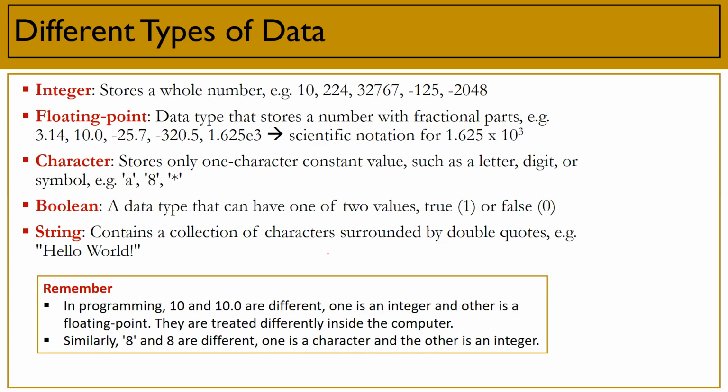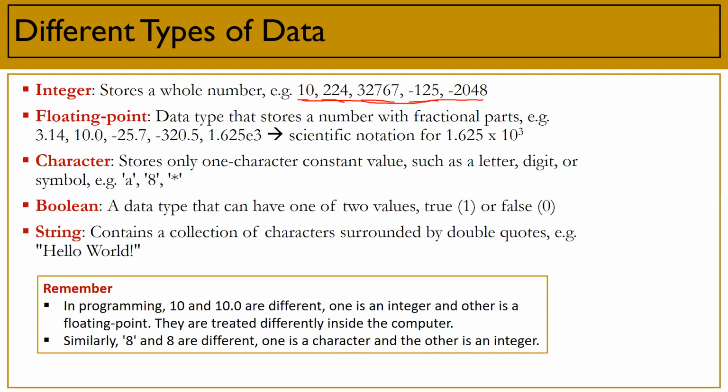Integer is a data type which stores a whole number. For example, it may store a number like 10, 224, 32,767, negative 125, negative 2048. You see that all these numbers that you are seeing here are whole numbers.